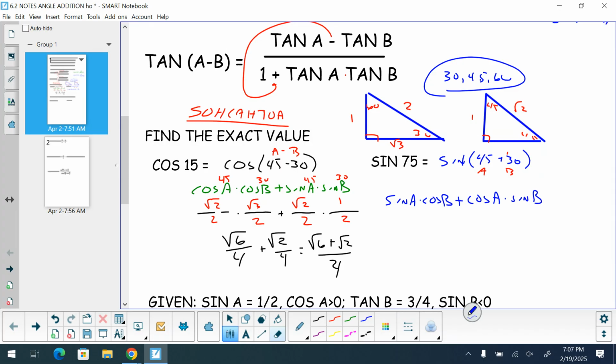So we have sine A cosine B plus cosine A sine B. 45, 30, 45, 30. Write your four ratios, which will look very similar to what you just did on the first one.